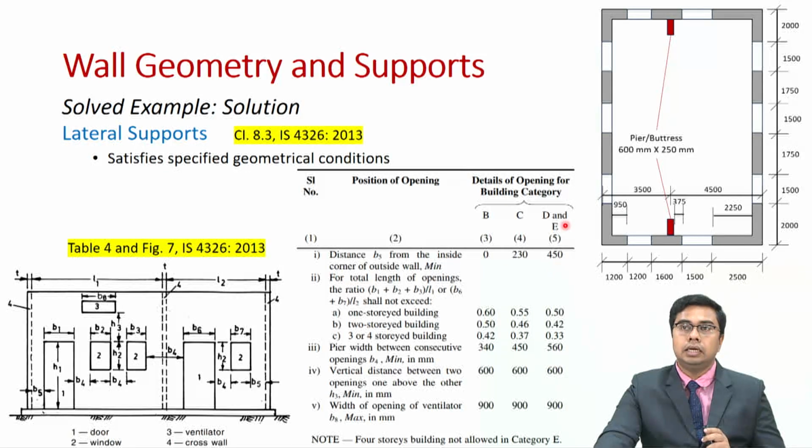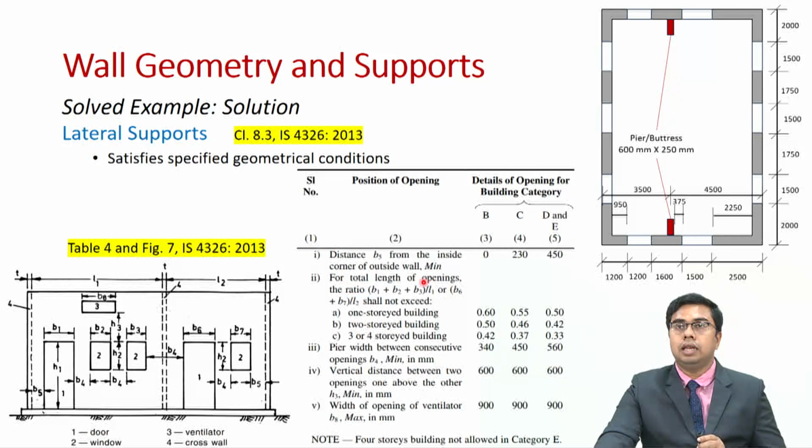For a building category D, you need to have minimum value of B5 as 450 millimeters. So, this is satisfied. It is from the outside wall. So, this value, which is 375, does not violate this, because we are talking only from the corner of the outside wall. So, this value 950 and this value 2250, both of them are satisfying this criteria.